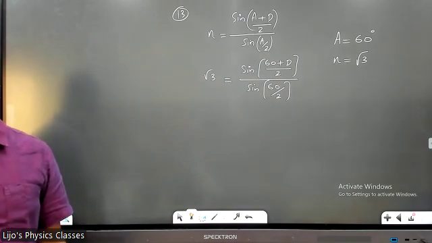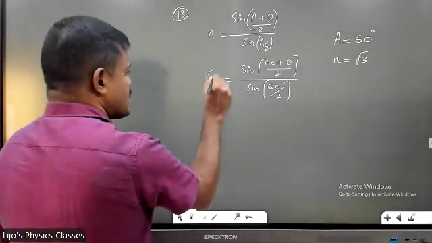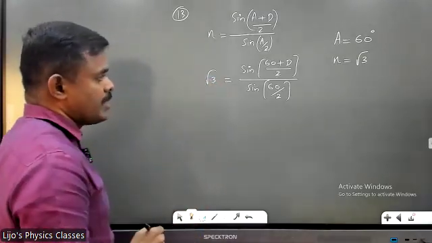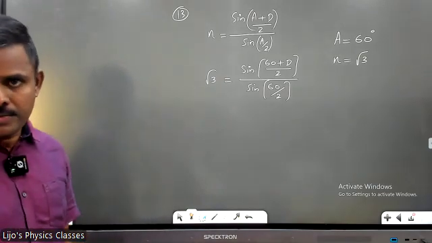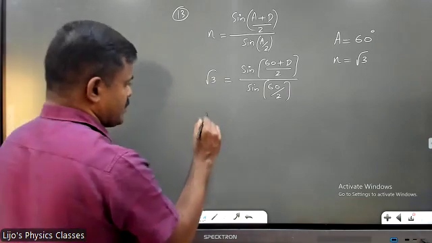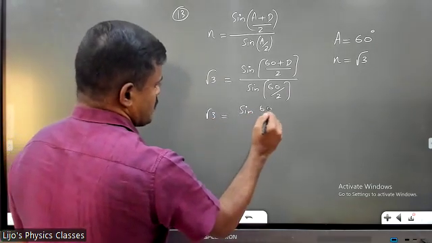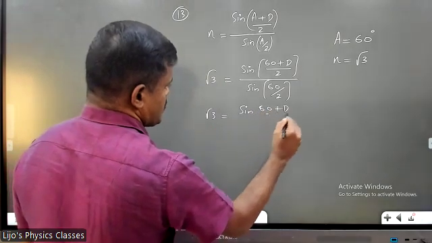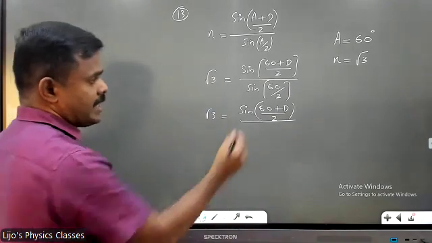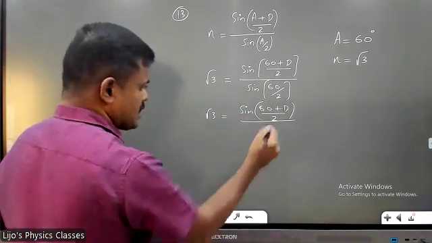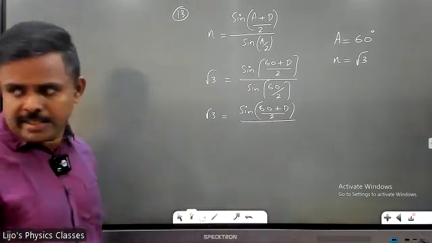N is equal to root 3 is equal to sine of (60 plus D)/2 by sine of 60/2. Let us simplify it. Sine 60/2 is sine 30.